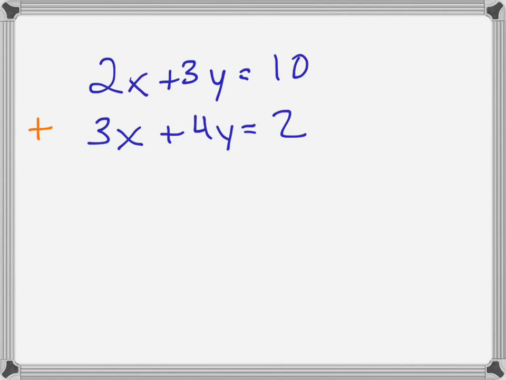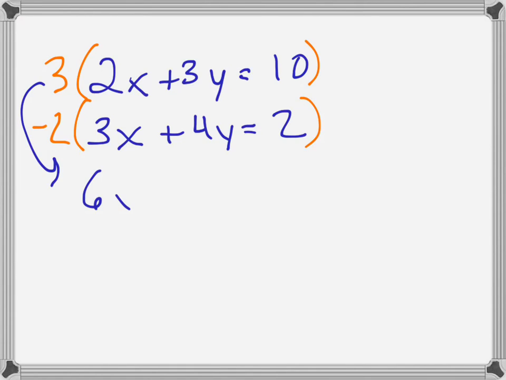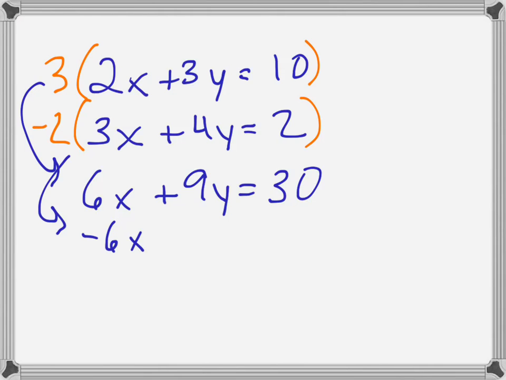If I multiply the first equation by 3 and the second equation by -2, then that will happen. The first equation becomes 6x plus 9y equals 30, distributing the 3, and the second becomes -6x minus 8y equals -4.